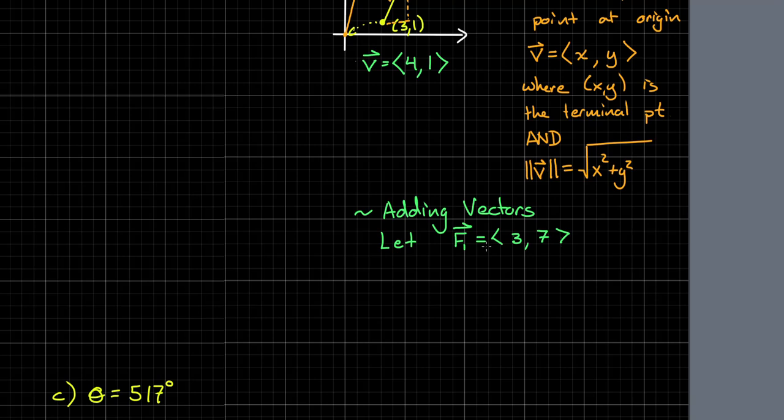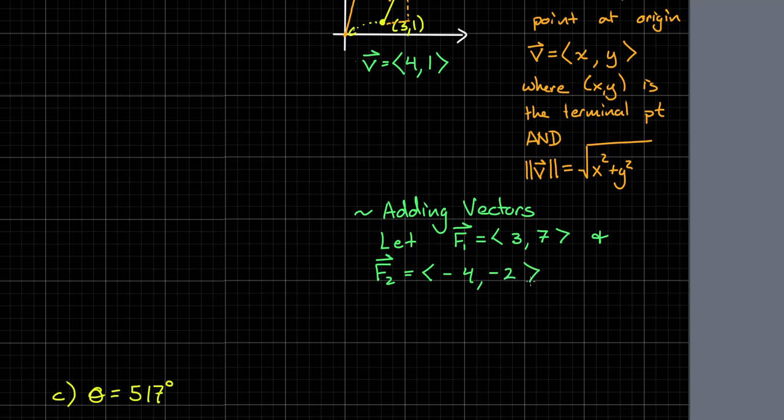Okay, if we have this force, 3, 7, and we have force 2, let's say somebody else is pushing in a different direction, and this is a vector in component form, and let's say that they're fighting, and it's -4, -2.